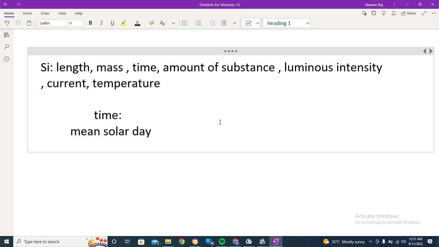So we did measure time with the help of a mean solar day, which would be equal to 24 hours. As we have units like 1 day, 1 year, 1 month, the same system started from sunset to sunrise, like a solar day, from sunset to sunrise there are 24 hours, right? So this was how it worked, and that was the very basics of developing the measurement of the fundamental quantities.